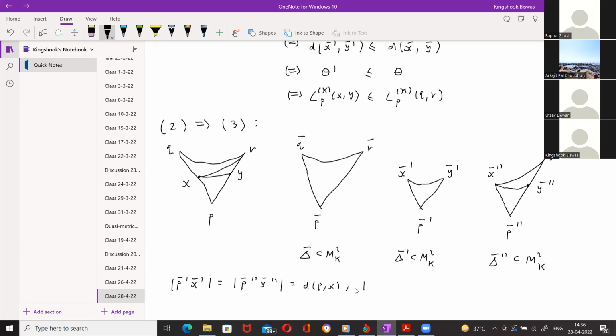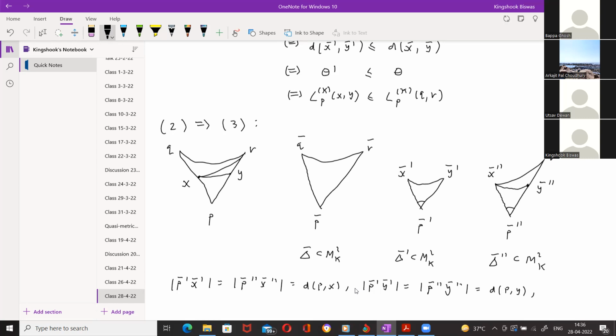And similarly, P bar prime, Y bar prime is equal to P bar double prime, Y bar double prime, which is equal to distance Py, right? So again, I have two triangles with the same side lengths at the common vertex. Therefore, this angle here and this angle here, their relation depends on the relation between the opposite sides.